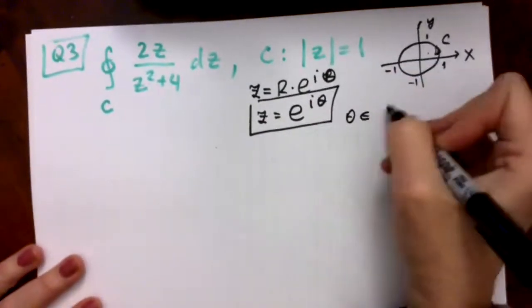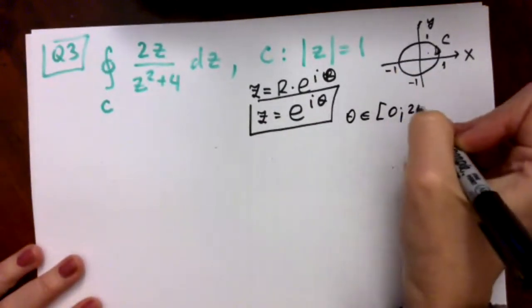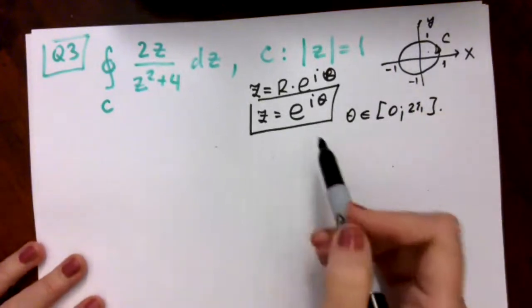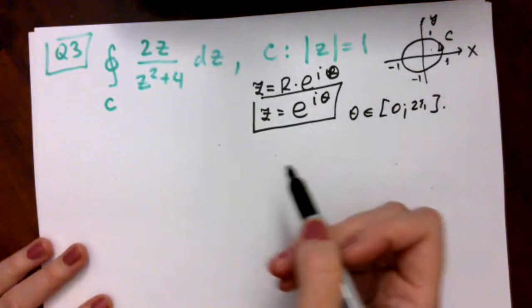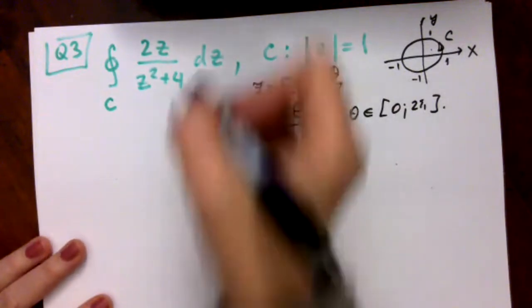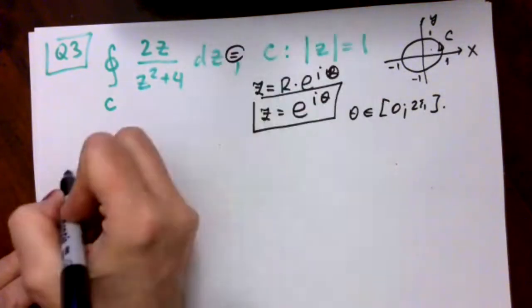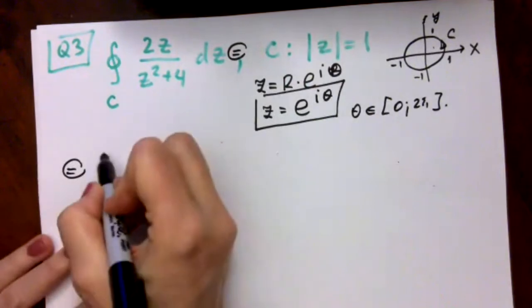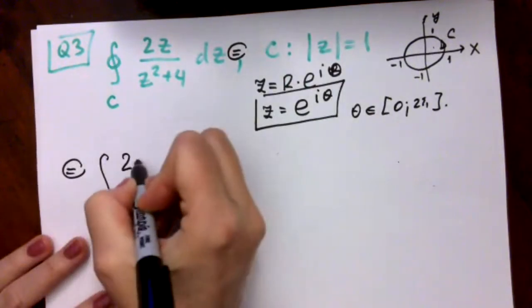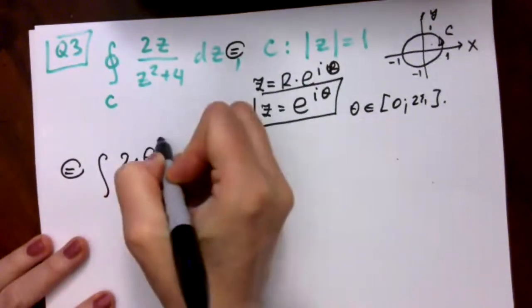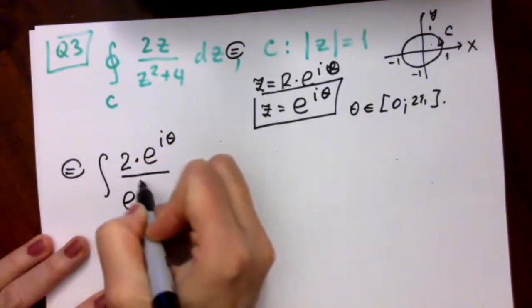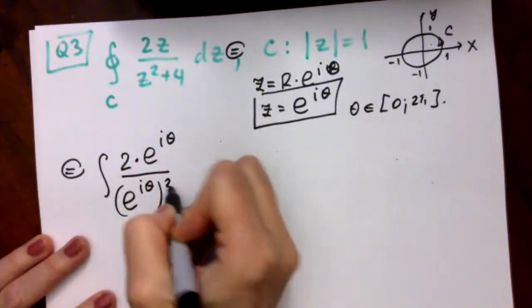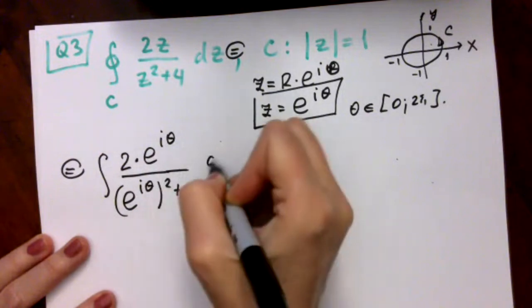And of course, our theta is an angle. And as we need to do the whole circle, we can write that we are moving from 0 to 2 pi. Okay, let's make this substitution. So I'm continuing writing here. So what do we have? 2 times z. Instead of z, I'm substituting e to the power of i theta, divided by e to the power of i theta squared plus 4 dz.